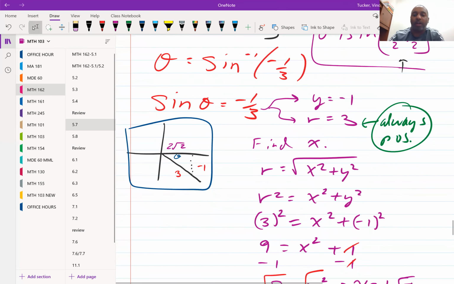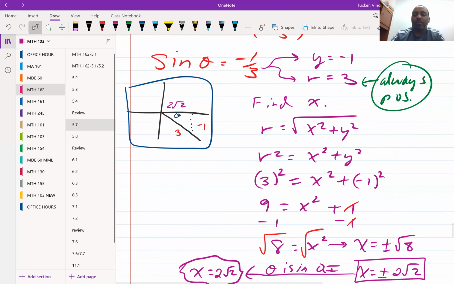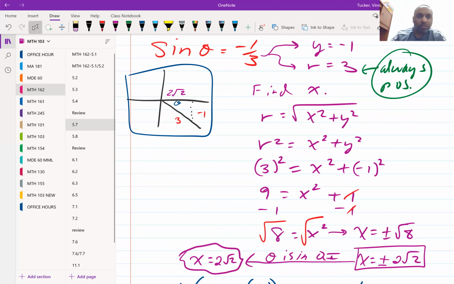So we plug in y and r to find x. All right, so solving that out, we put 3 in for r, -1 in for y.